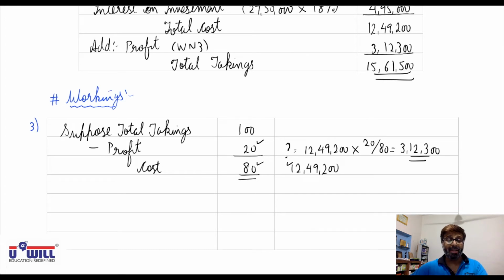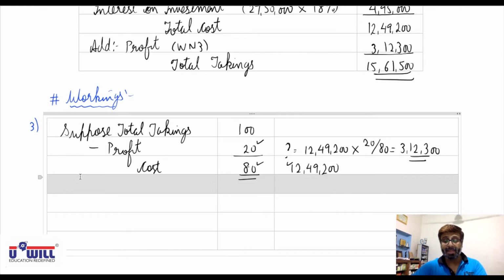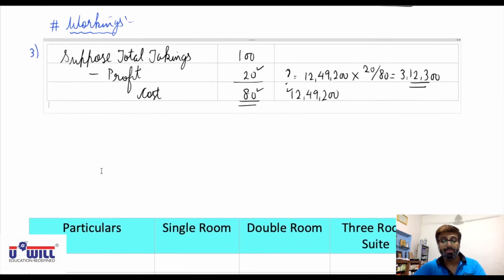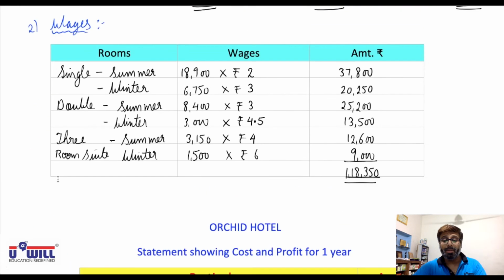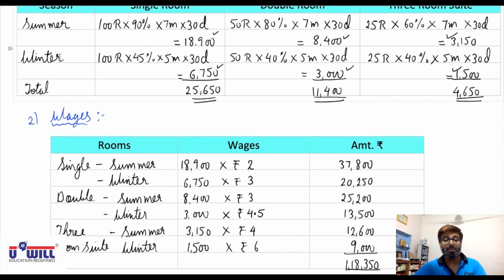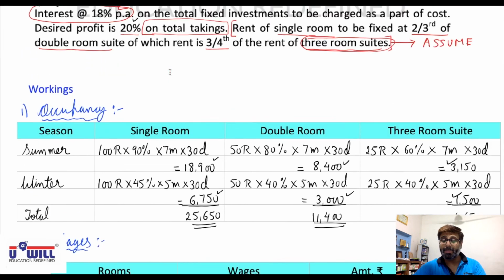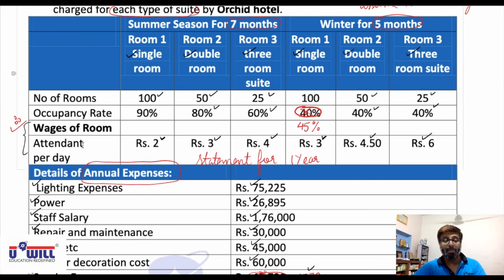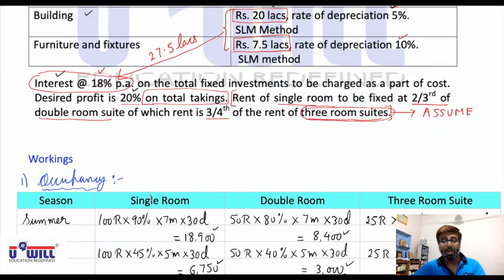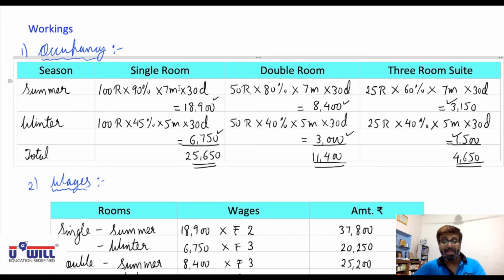So far everything was similar. Only difference was in the calculation of wages. And I hope everyone is clear with the calculation of wages. For calculation of wages we have done occupancy in the beginning, and then the rate is given per day. Occupancy is already obtained by multiplying with 7 months into 30 days, 210 days.